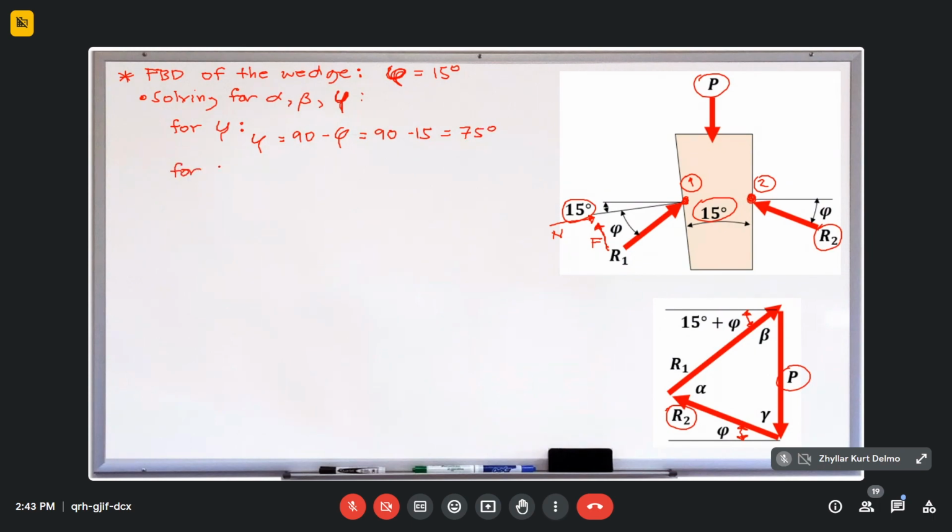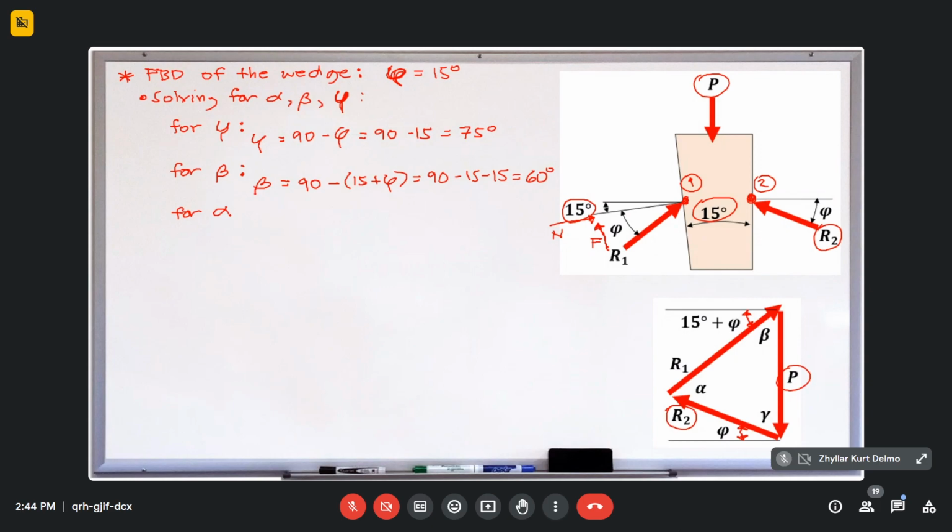Then for our angle beta, no, kung imo kita diri ang angle between the horizontal and the force P is 90 degrees. So beta is a complementary angle sa kaning sum sa 15 and the angle Phi. So we can solve for beta by subtracting 15 plus Phi from 90. So 90 minus 15 minus 15, that will give you 60 degrees.